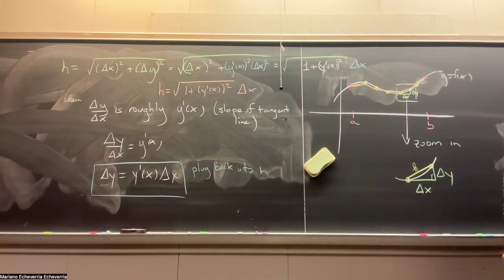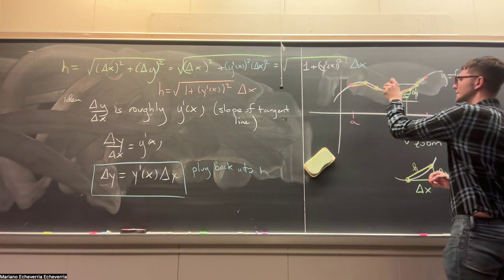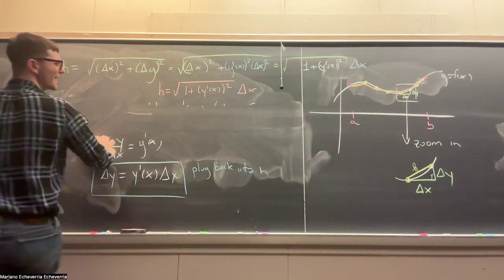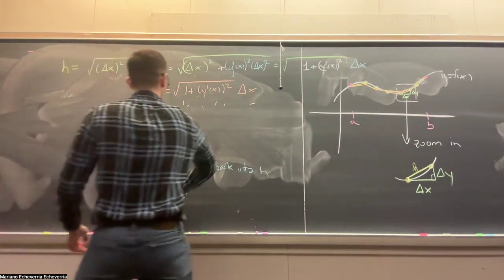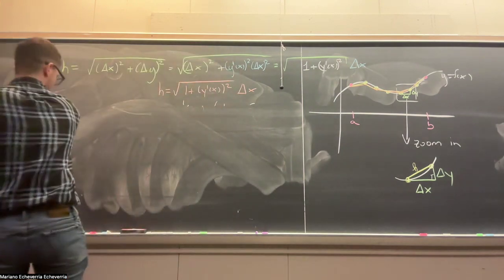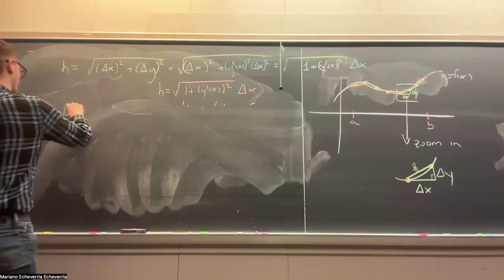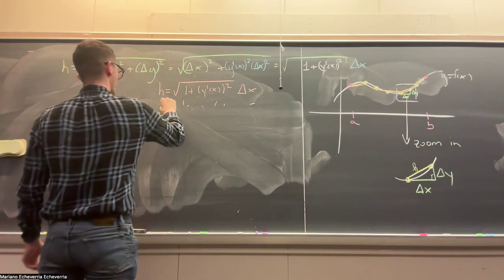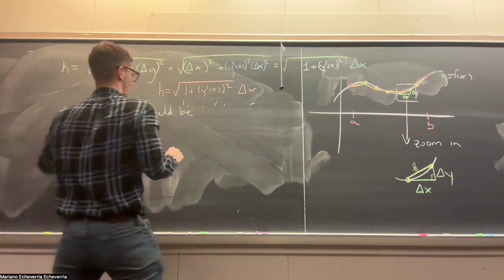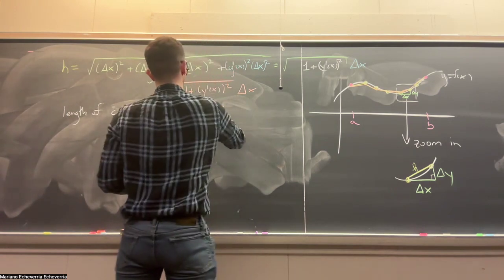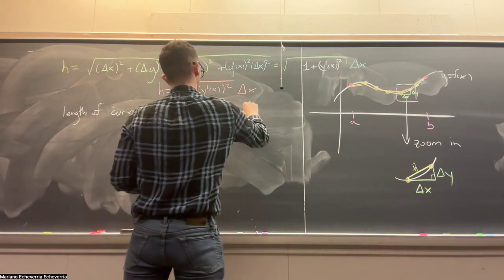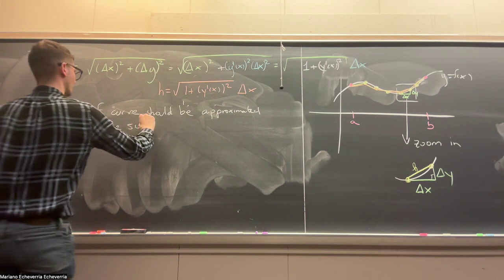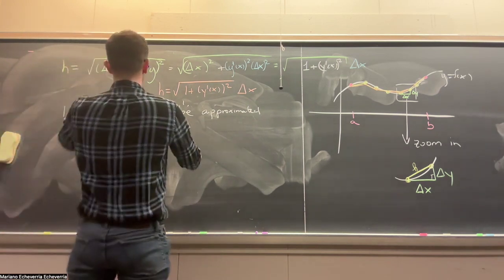So what is the total length? The total length should be approximated by the sum of all these lengths. So the length of the curve that we want, I don't want to erase the picture, that's why I keep writing here, should be approximated by the sum of the lengths of these hypotenuses.